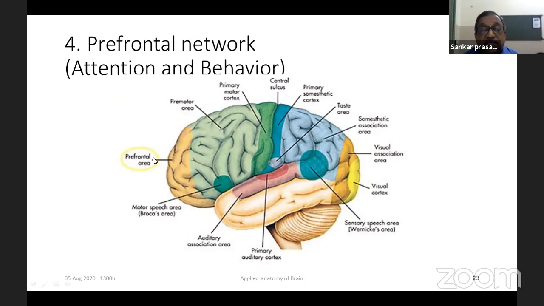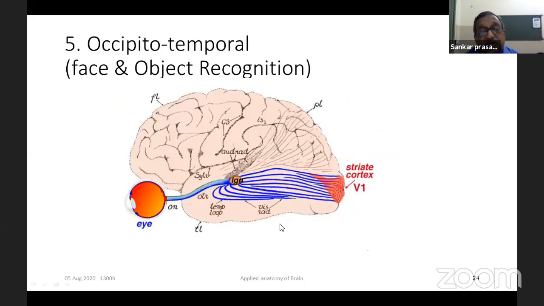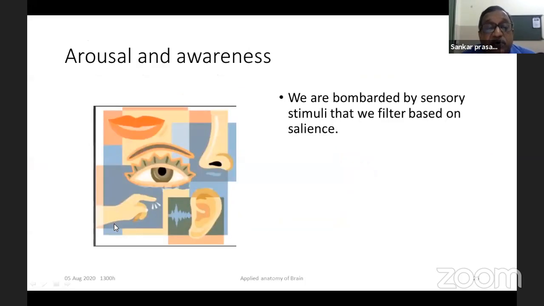Attention is mediated in the frontal lobes, and its connections with the limbic system, parietal cortex, and occipital cortex enable this function. The occipitotemporal network, for face and object recognition, comes from the striate cortex, and is another important network.